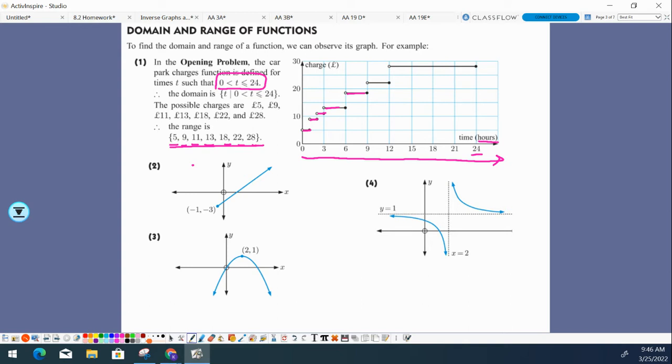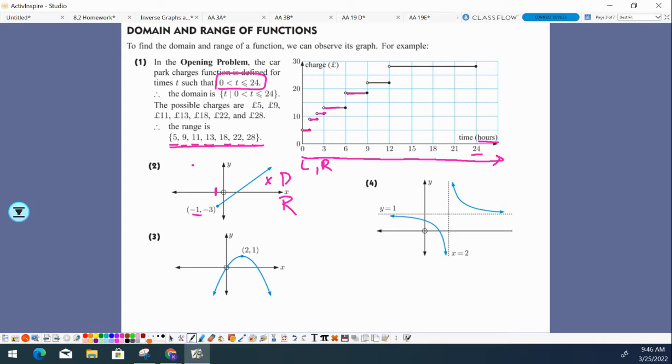Okay, example number 2. You must identify domain and range so that you can tell the grader you know which one's which. Domain are the x, so it goes from the left side to the right side. So what's the furthest left of the graph?